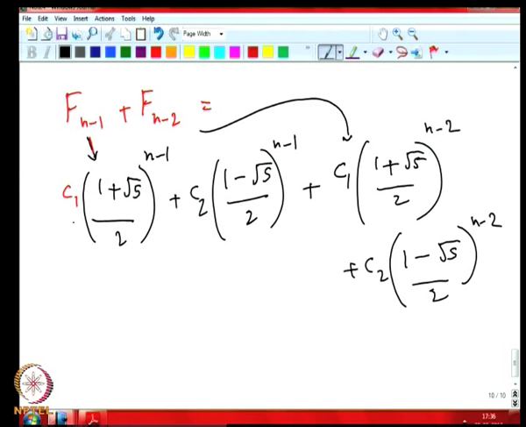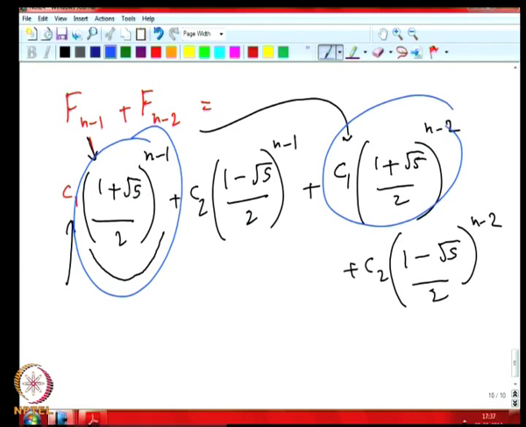together. For instance, I can take c1 into (1 plus root 5 by 2) to the power n minus 1 and the same to the power n minus 2; these two terms I can combine.